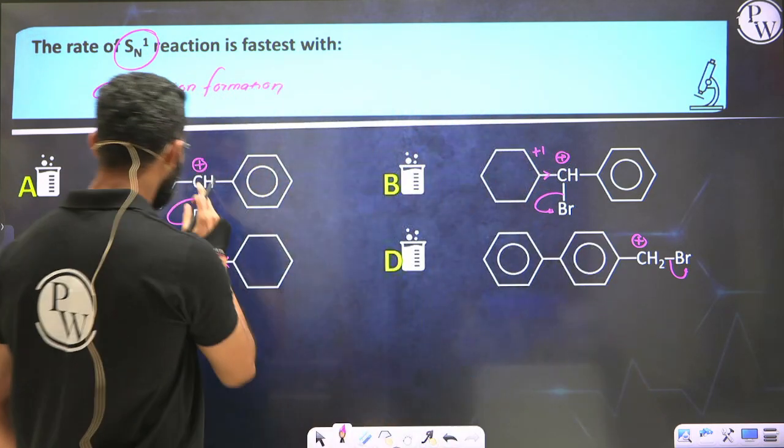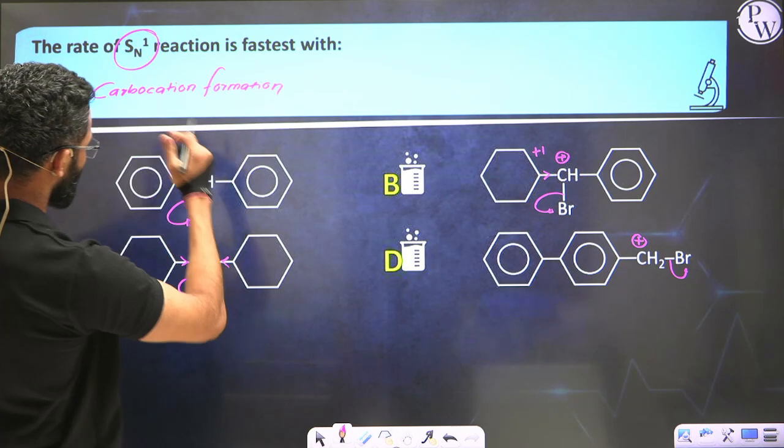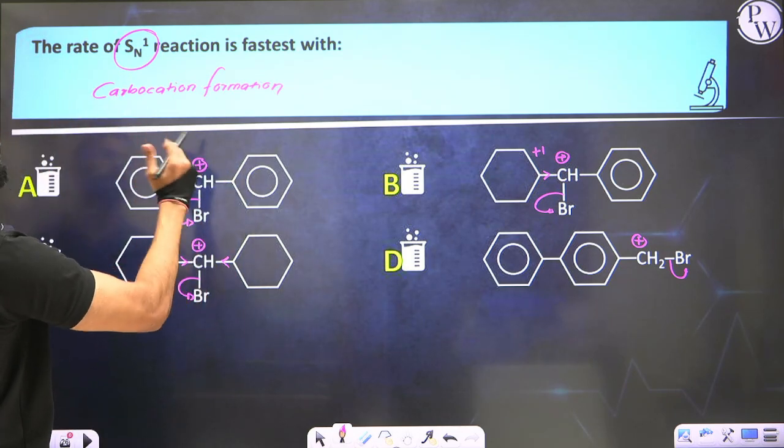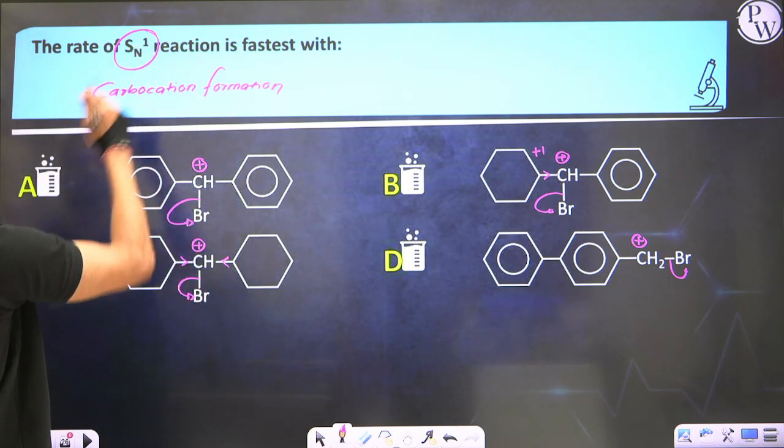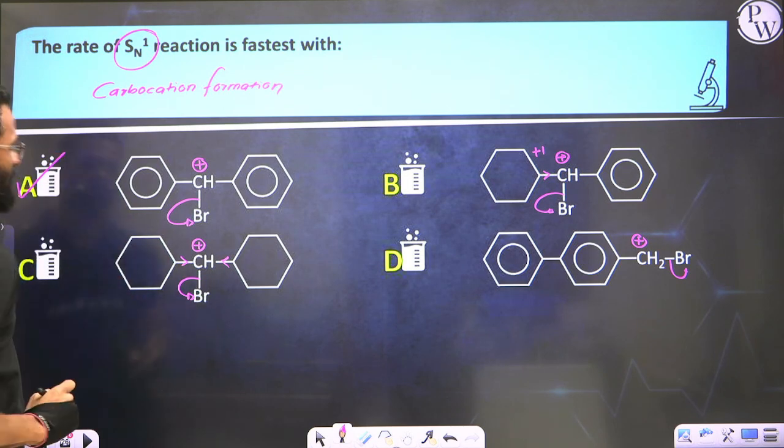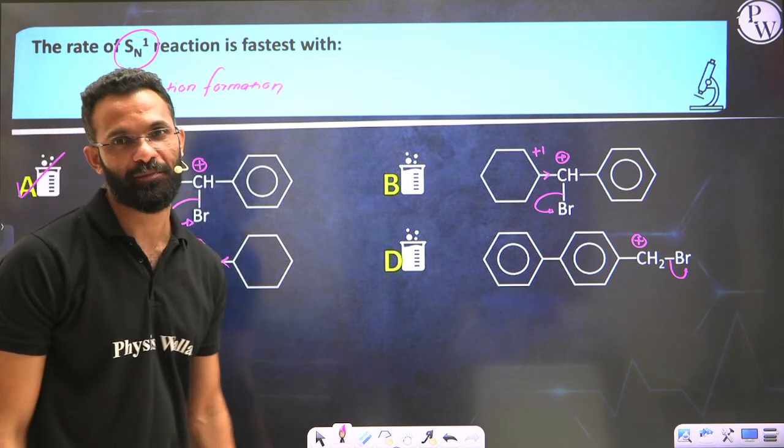But here this carbocation is stabilized from both sides by the phenyl, which makes it more stable. The more stable the carbocation, the faster will be the rate of SN1. Hence option A is the appropriate option.